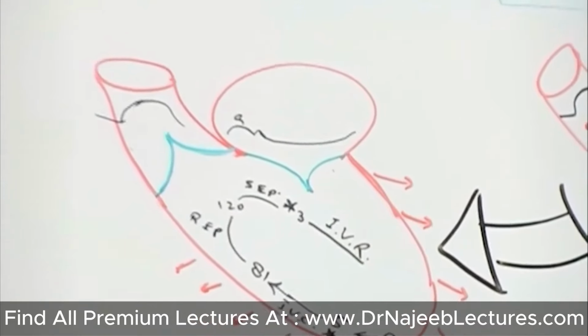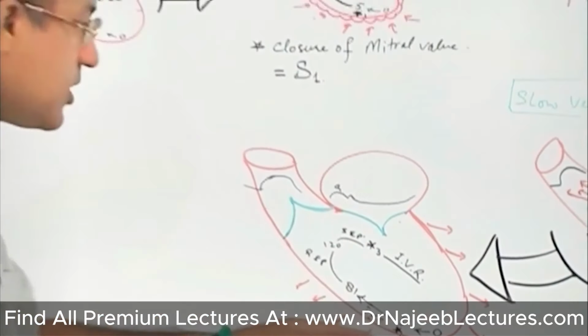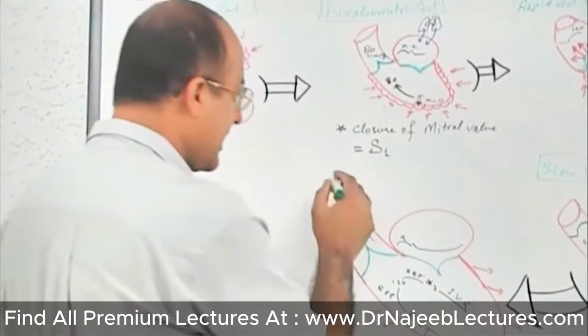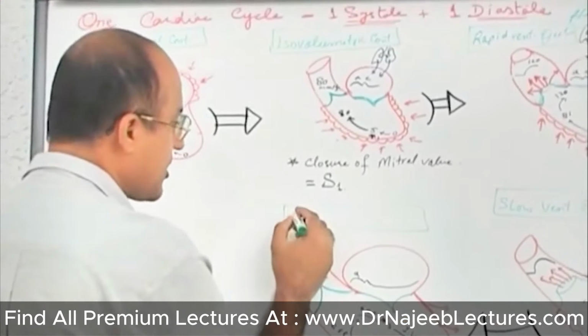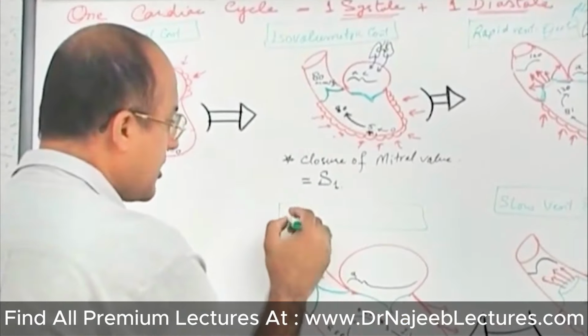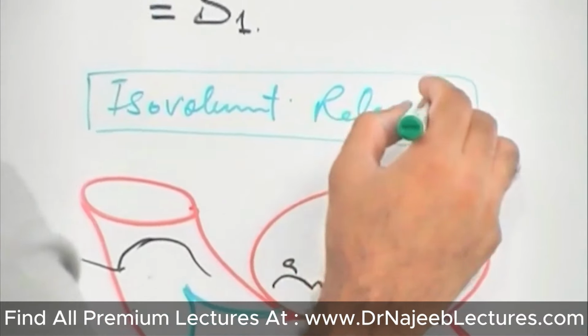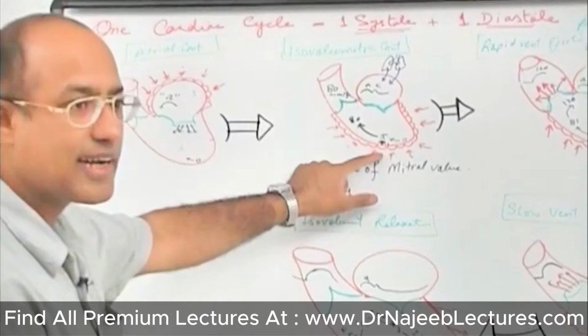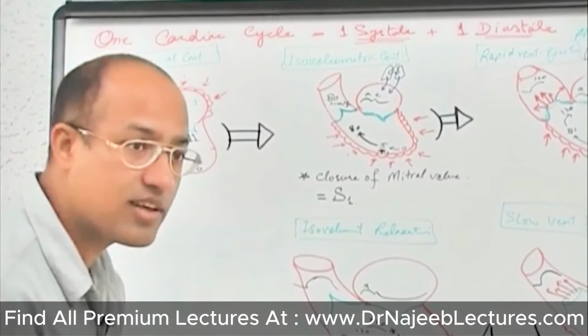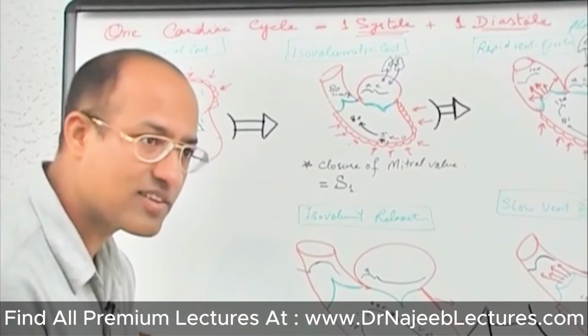relaxation. And during this phase, let's first of all label this phase. What should be the name of this phase? Isovolumetric relaxation phase. It means onset of systole is isovolumetric contraction, onset of diastole is isovolumetric relaxation.